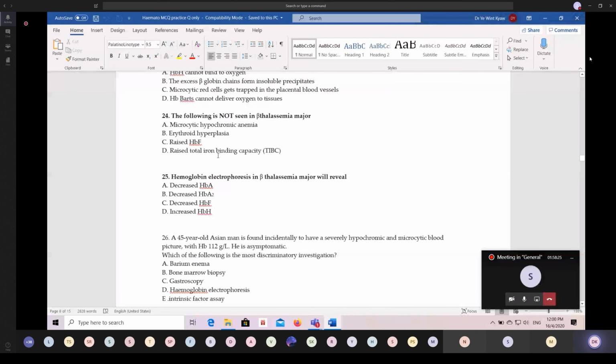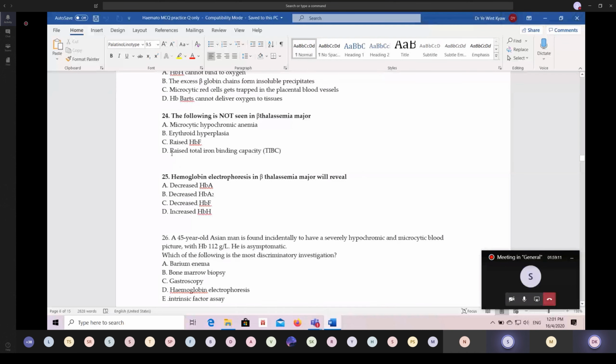It's under thalassemia only. 24 is C. And C. Okay or no? No, C. D.